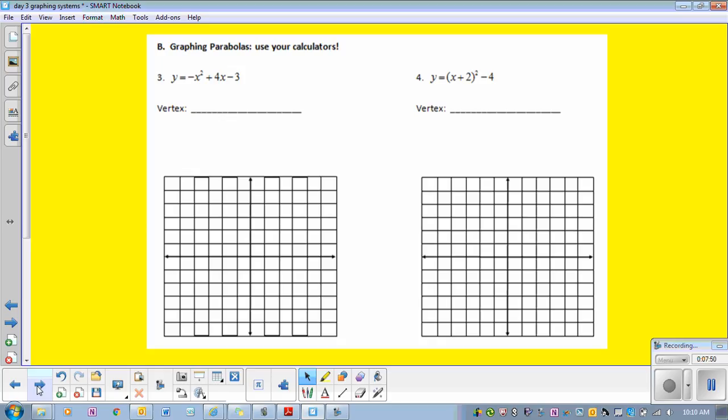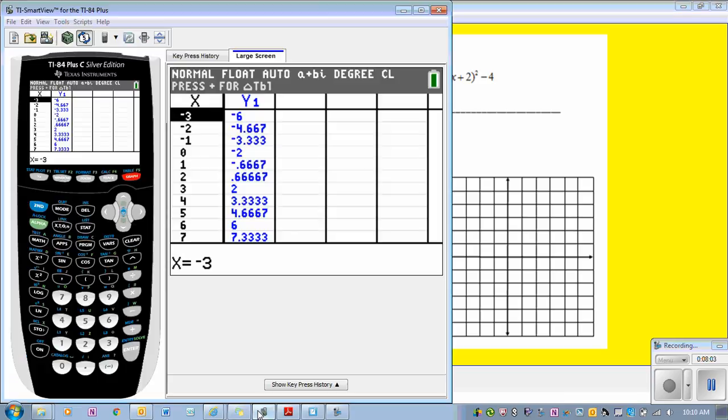With graphing parabolas, we're going to use our calculator, okay? So number 3, we have negative x squared plus 4x minus 3. Let's find the vertex. Let's put this into the calculator.